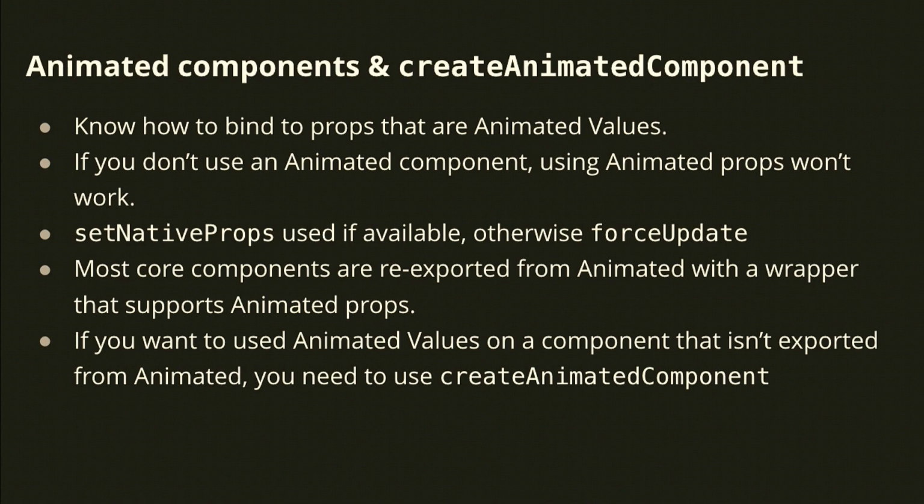So how this actually works is you could create your own component that accepts any arbitrary animated props and still works as you would expect, but it won't have the same optimization that I mentioned before, where when you're animating the scale on a view here, it's not actually re-rendering the view.